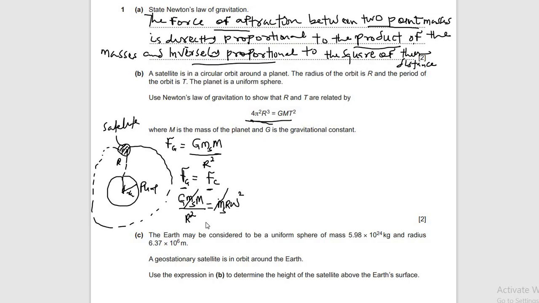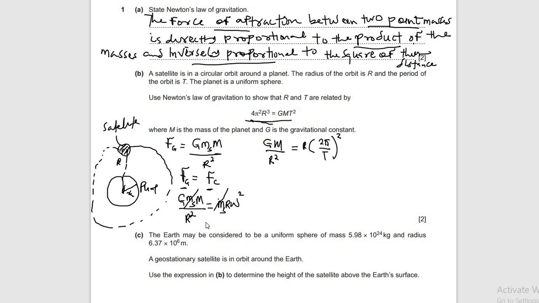So what do we have here? We have GM over R squared equal to Rω squared. ω is the angular frequency, which is 2π over T. There's the square.